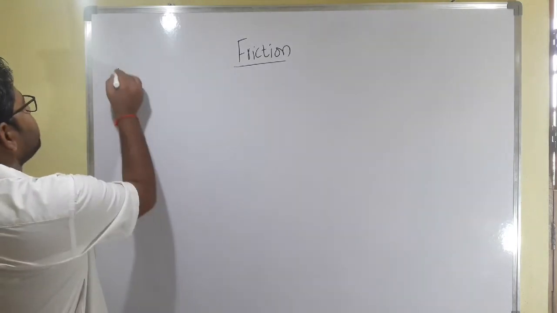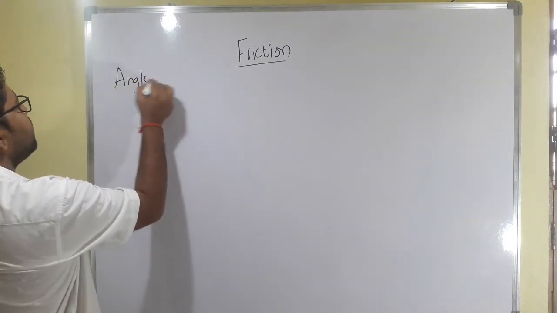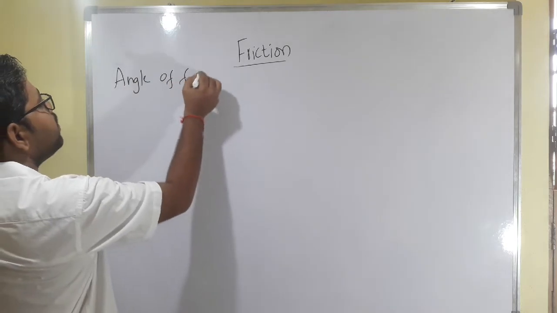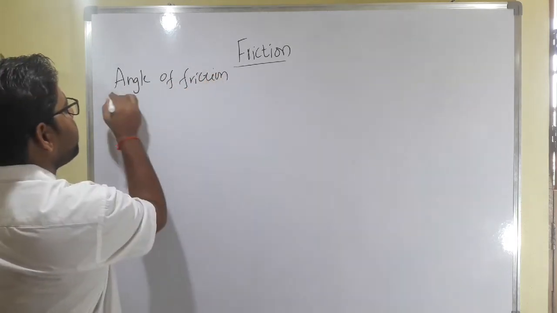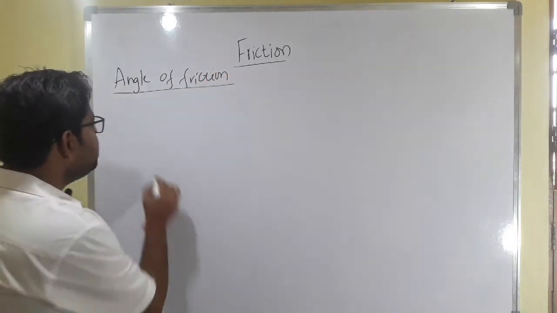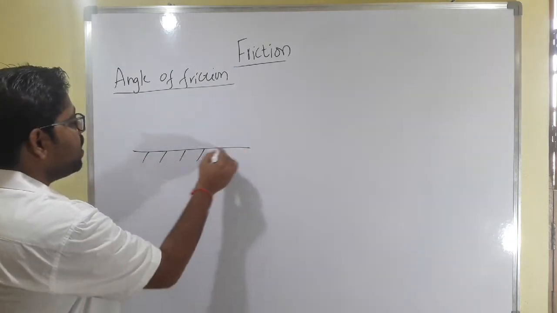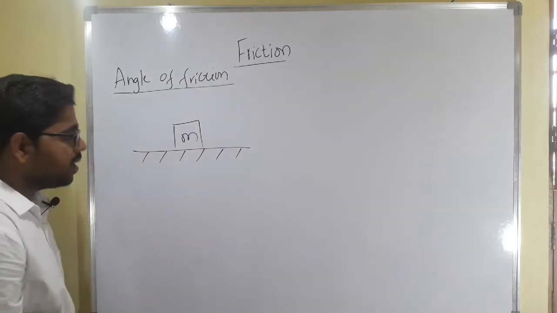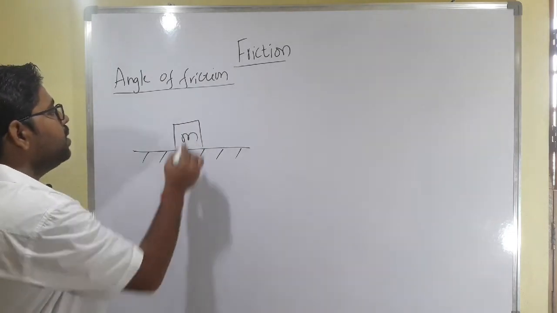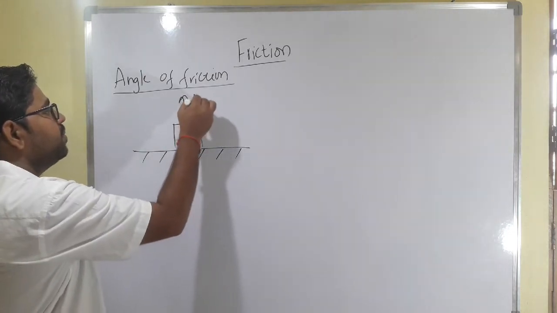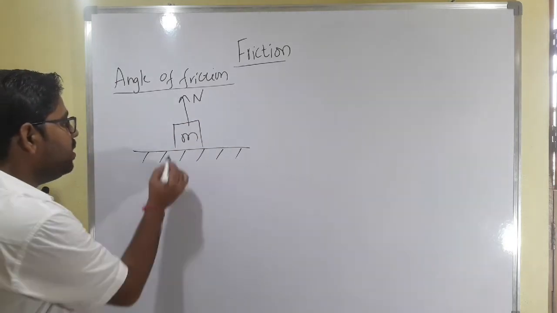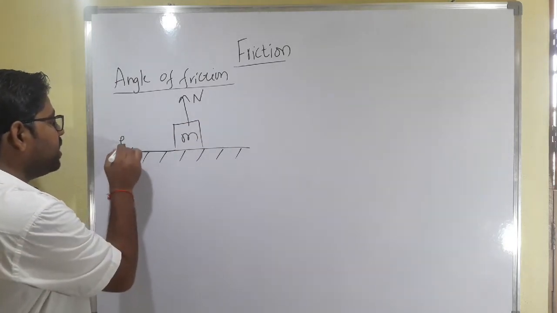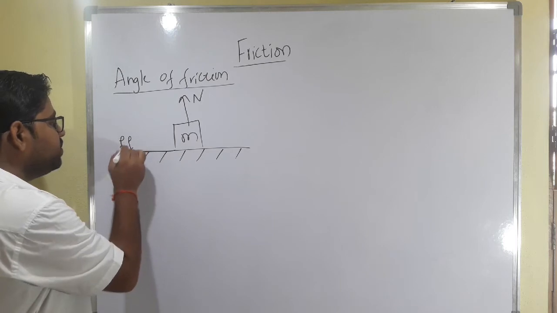Angle of friction. Consider this surface, and on the surface a body of mass m. A normal reaction is acting on the top, and here a frictional force is acting.